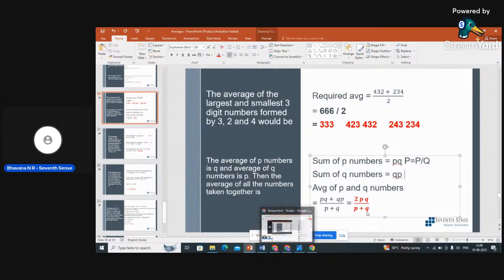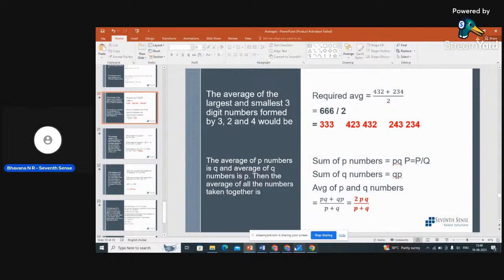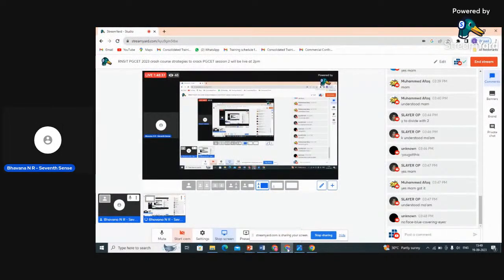Using the formula only we can write this. Understood? Okay.